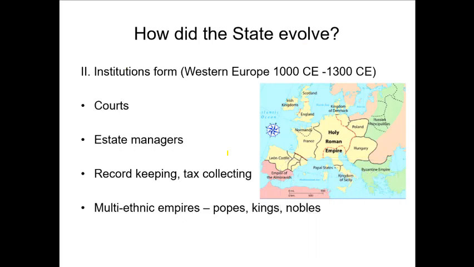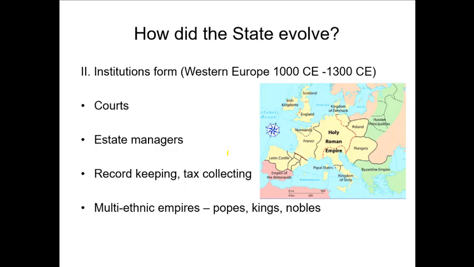So as we focus on the Western European region in particular, around 1,000 years AD or 1,000 years in the Common Era, we can start focusing on the Western European region as to where these institutions were starting to take shape.